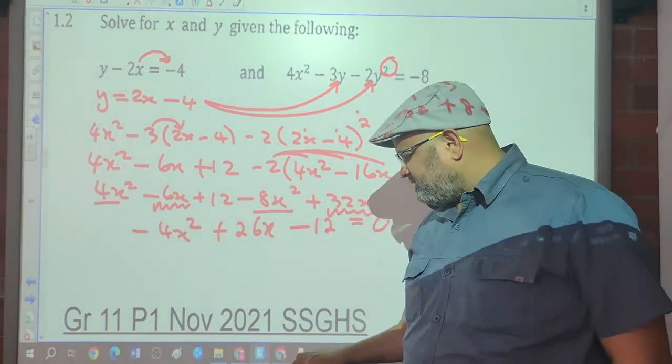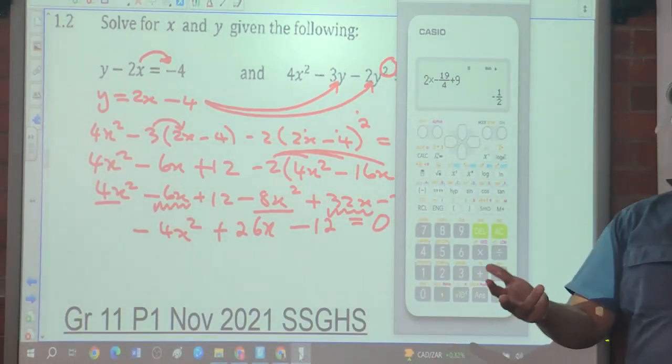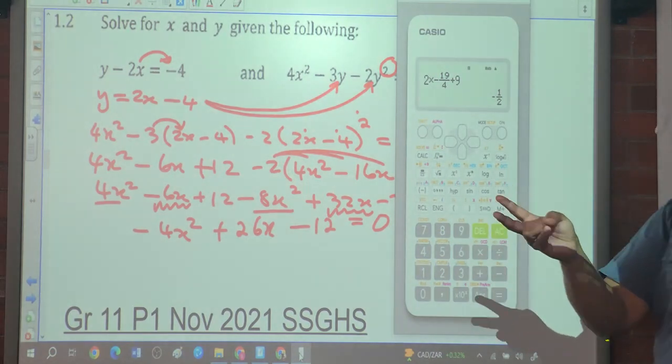Right? So again, I can either use the quadratic formula or I can divide by 2 and factorize.